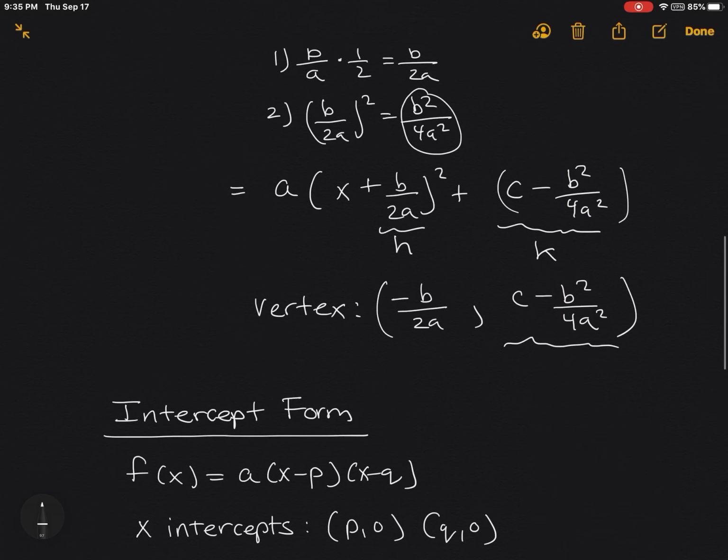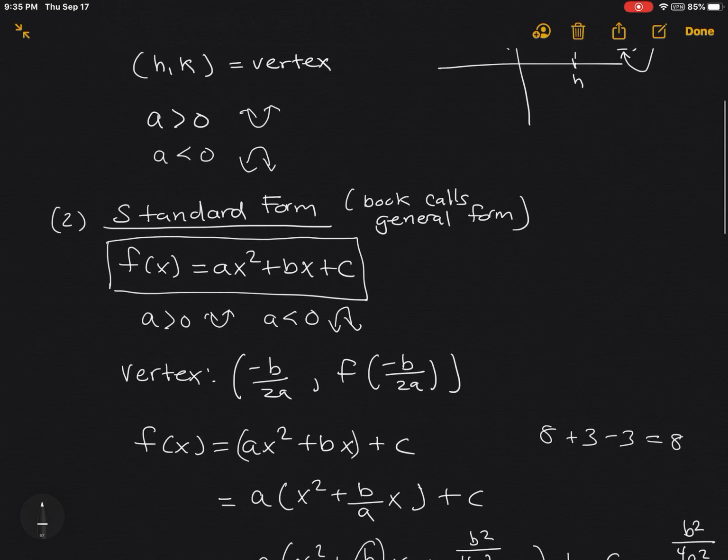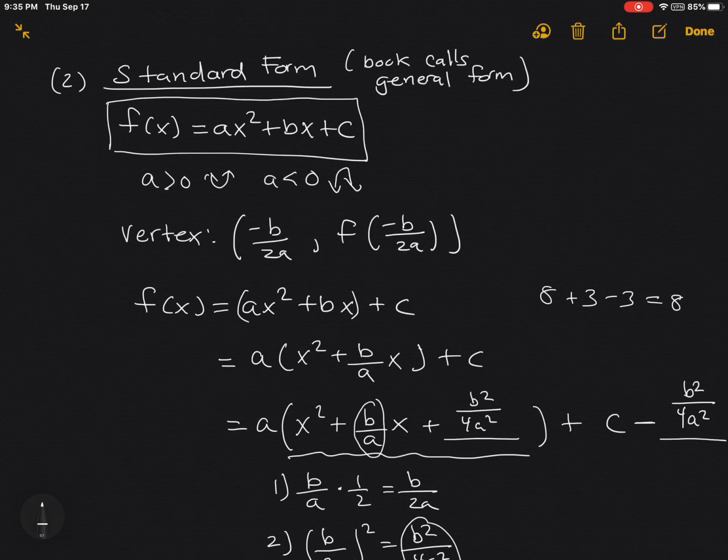By the way, if I go back to my first line right here, your AOS is just x is equal to h, okay? So it just depends what form you're in. And there's one last thing I want to mention going back to standard form. You know, the vertex is given by this formula. The y-intercept, if you plug in f of 0 over here, is just 0 comma c, okay?